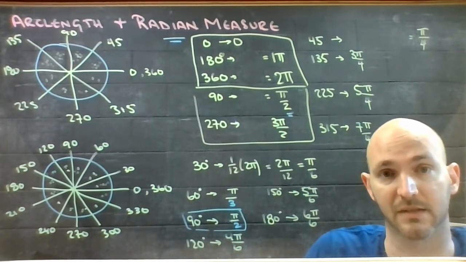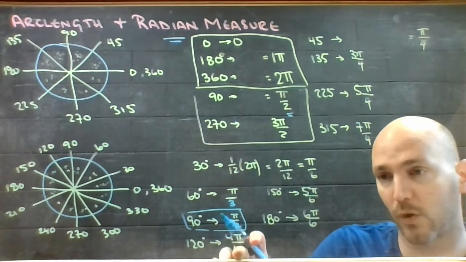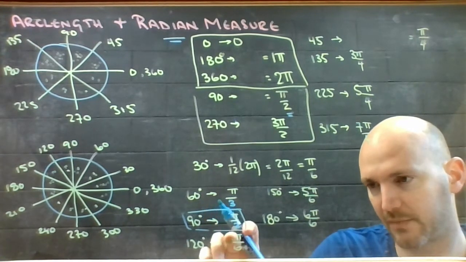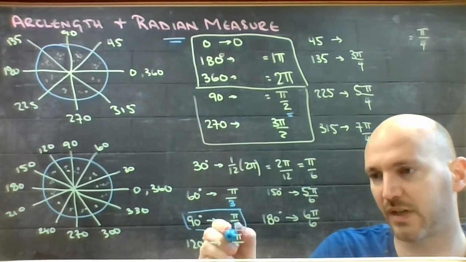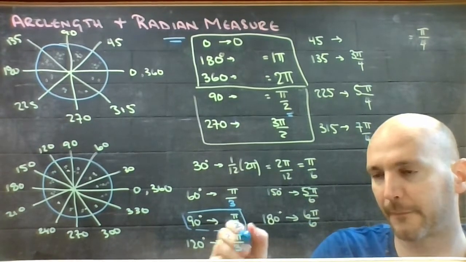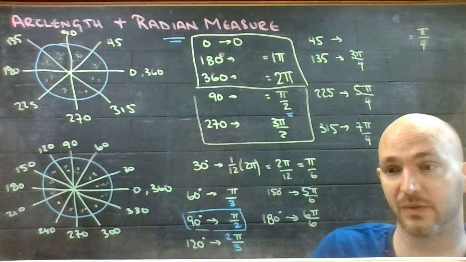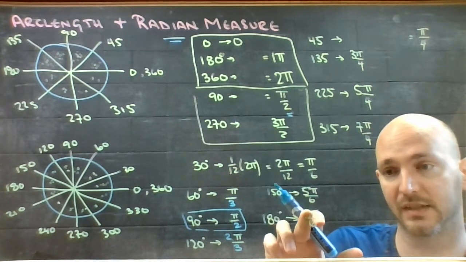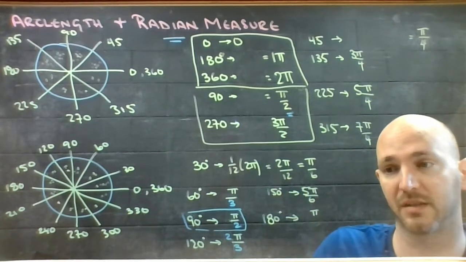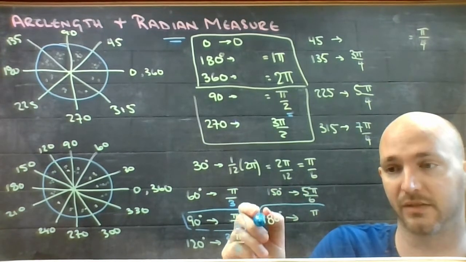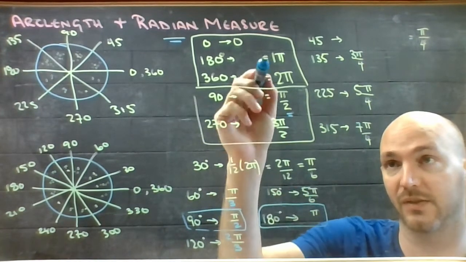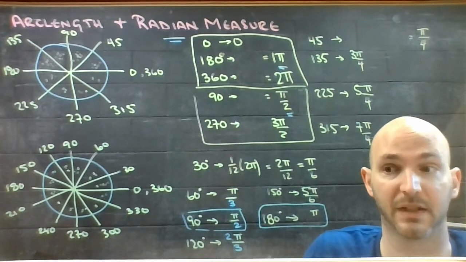It's nice and consistent. 4 pi over 6, both of those numbers divide by 2, leaving me with 2 pi over 3. 5 pi over 6 does not reduce. 6 pi over 6 does, leaving me with just the pi. 180 is pi radians. And that's also good because we had that appear up there.